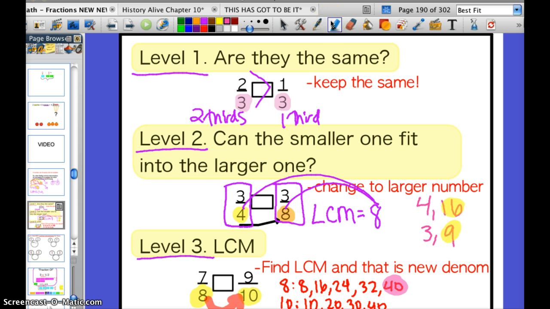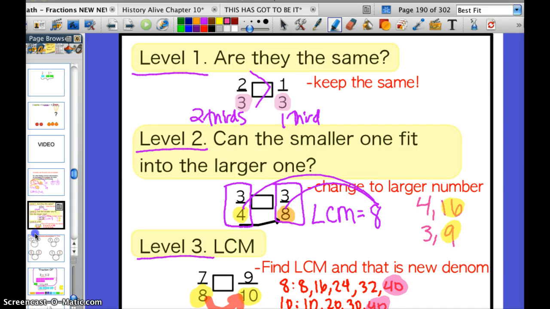So, the least common multiple here is 40. 40 is the least common multiple. It's level 3 because 8 doesn't fit into 10. They don't fit into each other evenly, so it's a third option of having to look at all of the multiples. So this is very important that you have this language when you're thinking about common denominators.